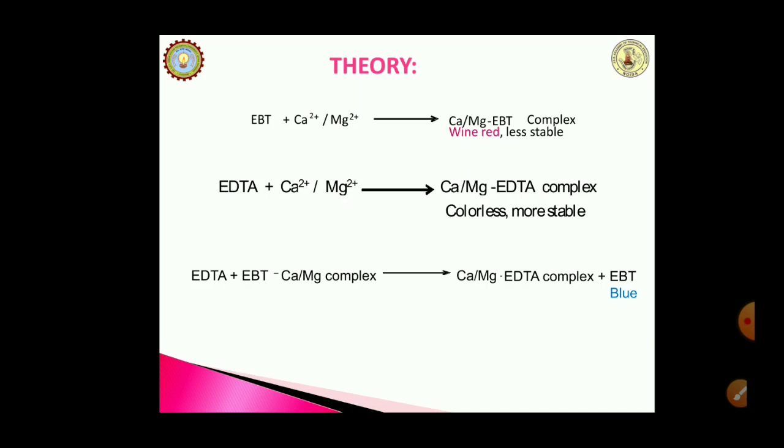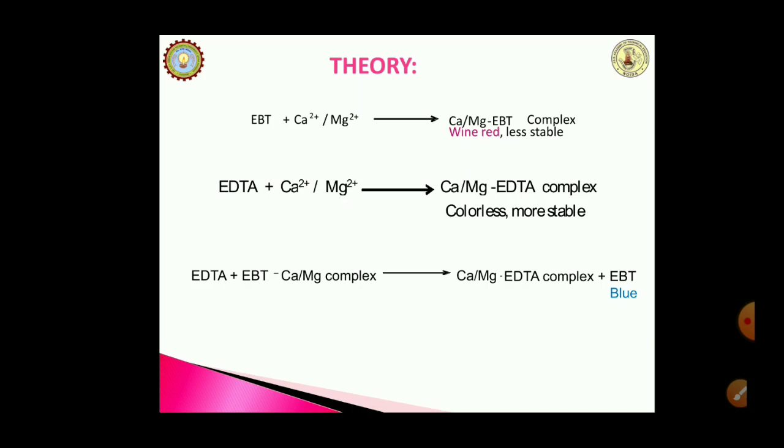Now this complex is colorless and it is much more stable than the first complex which is formed in our reaction mixture. The second reaction will continue until all the calcium or magnesium ions which are present in the water sample are bound with EDTA, and the wine red color will slightly start losing its intensity.